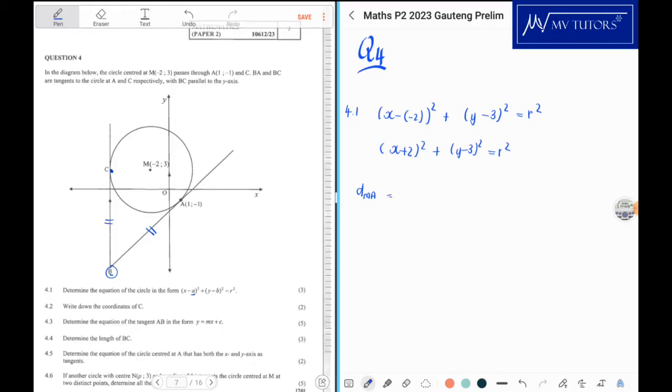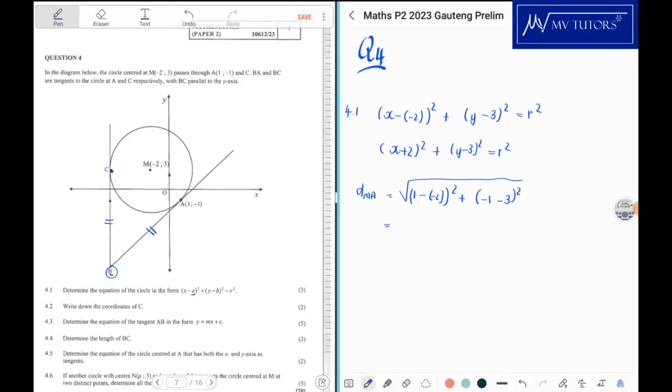The x coordinate of A is 1 minus that of M, negative 2, and all of that is squared. The y coordinate of A is negative 1. The y coordinate of M is 3. So we square that and we root everything.